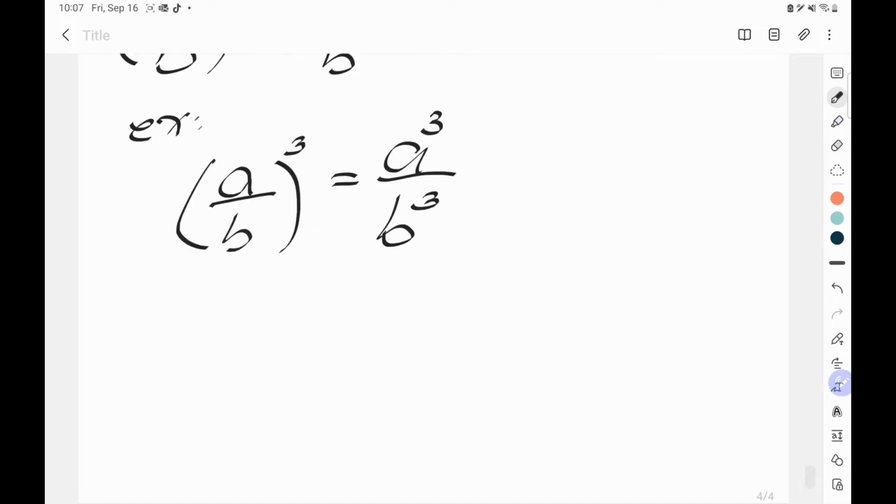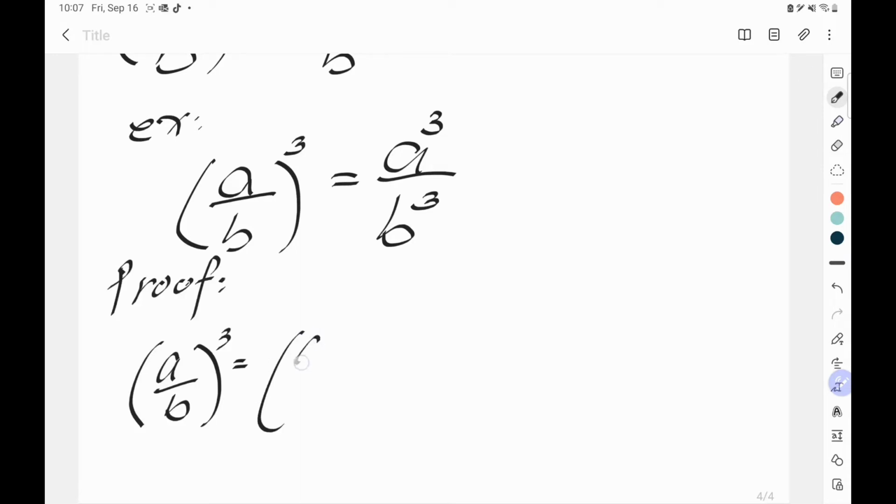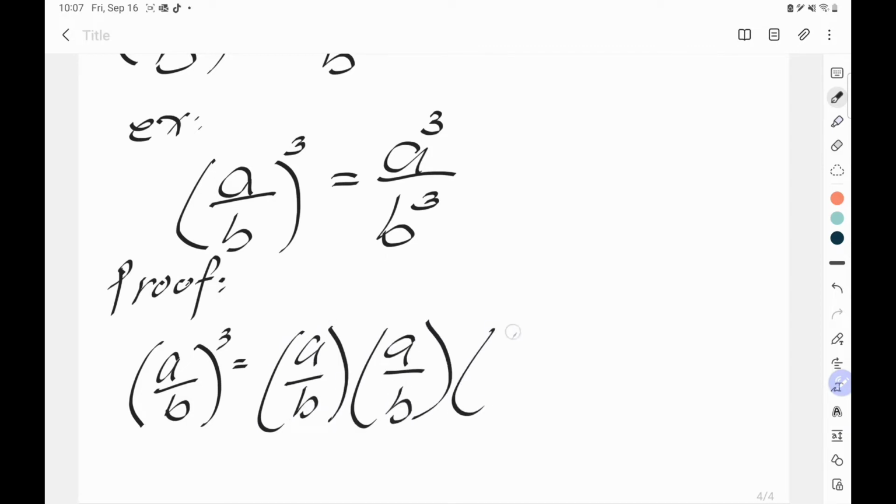Now let us try to prove whether that particular law is correct. So we have (a over b), all of them to the power of 3. So we have a over b times a over b times a over b. And of course, when we are multiplying fractions, what do we do? We multiply the numerator by numerator by numerator.